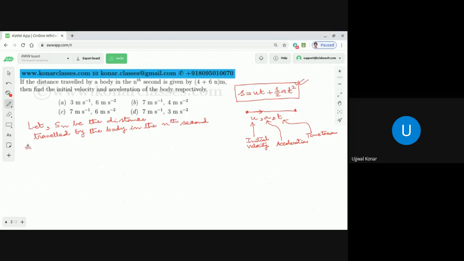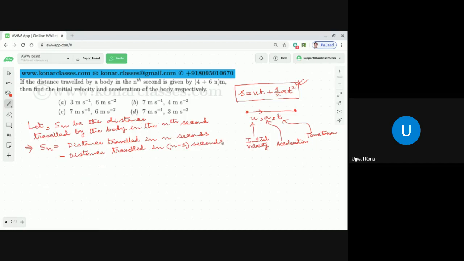So that is how you can compute: Sn is equal to the distance traveled in n seconds minus the distance traveled in n minus 1 seconds. Let me write properly, dear students. N minus 1.